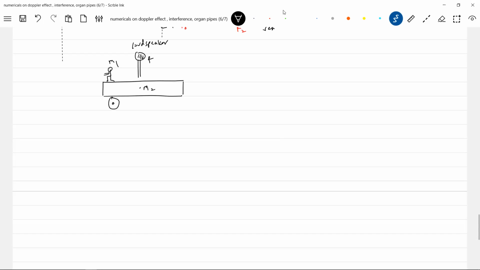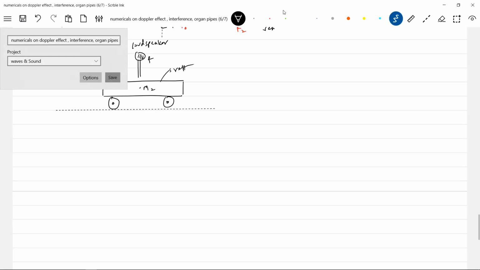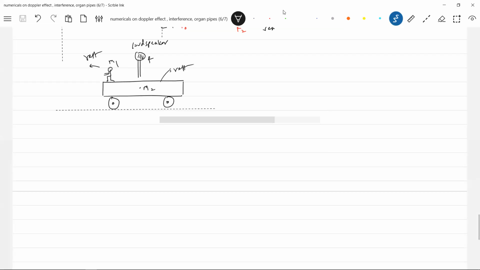There's a trolley of mass M2. The system is initially at rest. When the person jumps with a velocity u(r) relative to the trolley, what are the apparent frequencies heard by him? The loudspeaker will be continuously playing.